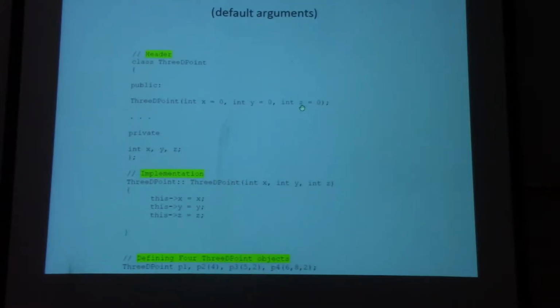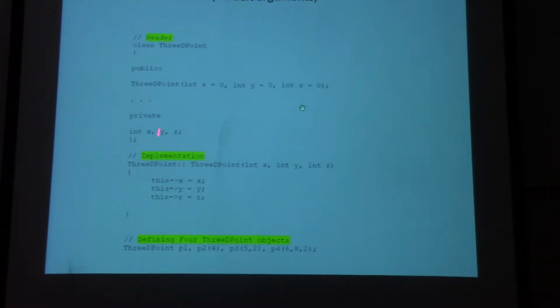So now, when I go to the implementation of the same method, which is the constructor method for this class, notice I have int x, int y, int z. And then I say, this pointer x equals x, this pointer y equals y, this pointer z equals z.